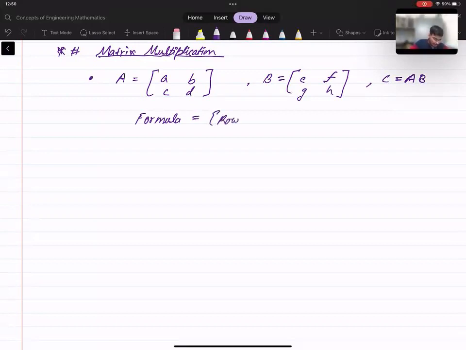So how is this implemented? Let us see. Row into column like this.